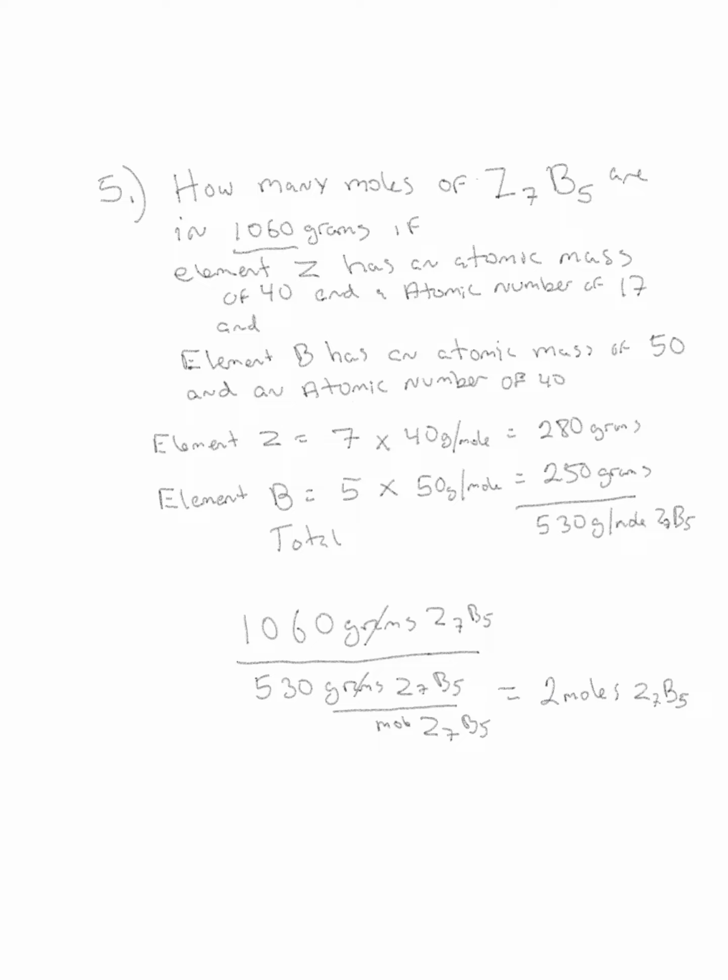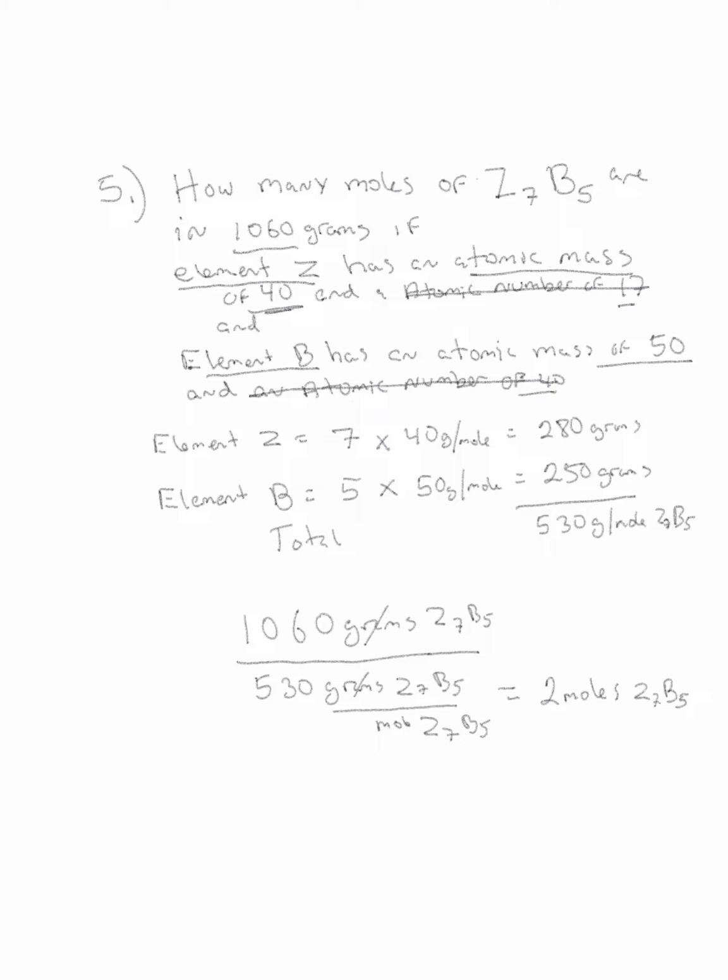Well, element Z has an atomic mass of 40 and an atomic number of 17. But we don't need to know the atomic number for this. We just need to know the atomic mass. Element B has an atomic mass of 50 and an atomic number of 40. But again, we don't need to know the atomic number to answer this question.